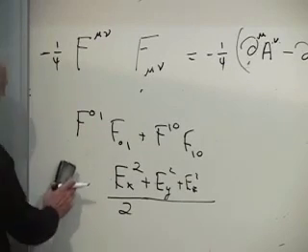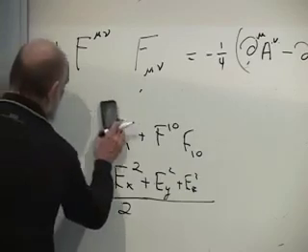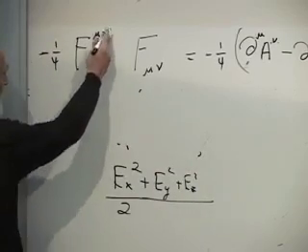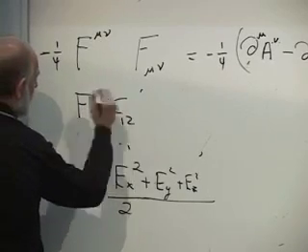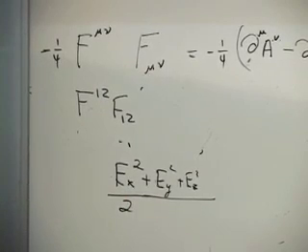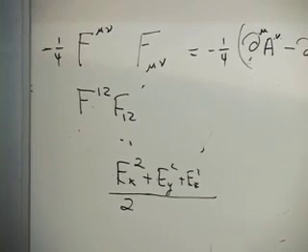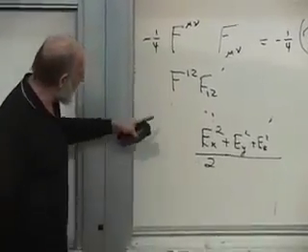What about the space-space components? Again, minus a quarter. Let's look at one of them. The space-space components could have F12 times F12. What is F12 times F12? First of all, what is F12? It's B3. Maybe it's minus B3, I don't remember, but we're squaring it so it doesn't matter.